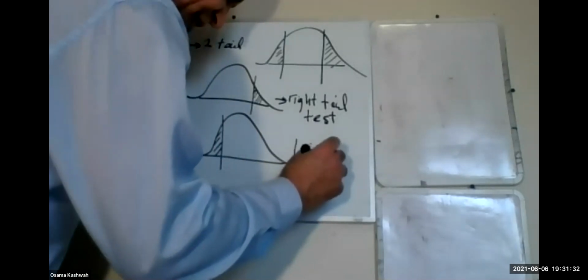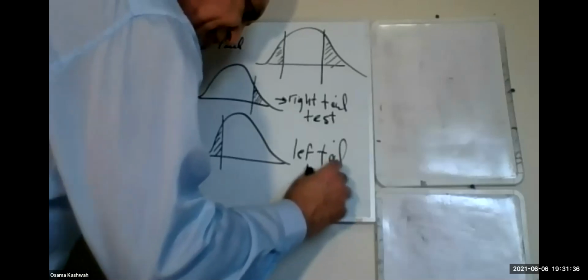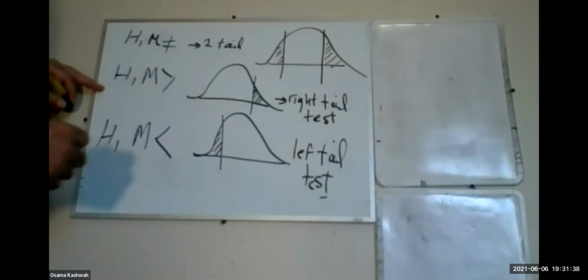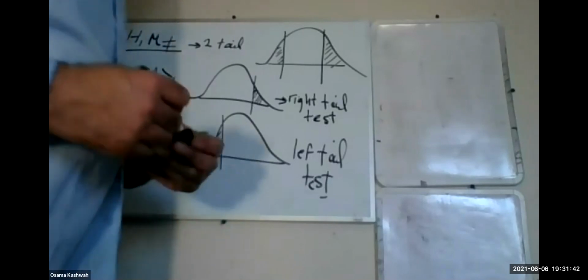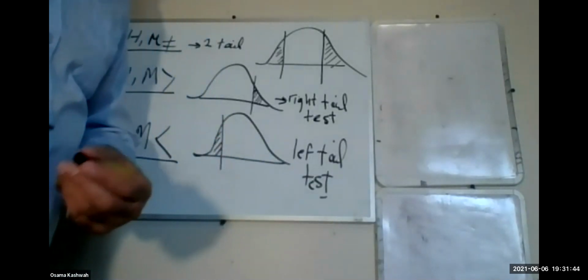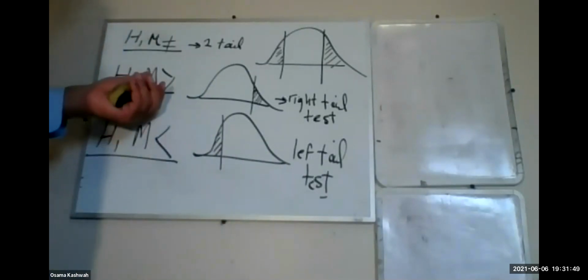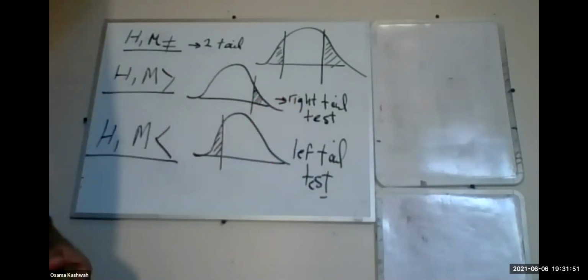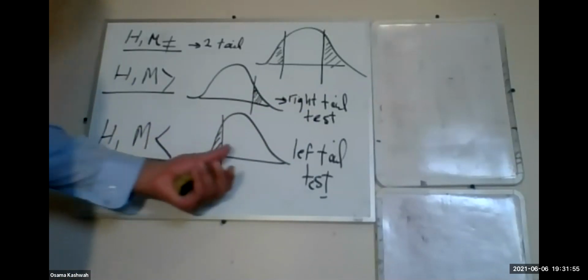Again, I'm reminding you that which one we use depends on the context, on what the example says. If it says greater than, we use this and it will be a right-tail test. If it says less than, we use this formula and it will be a left-tail test.